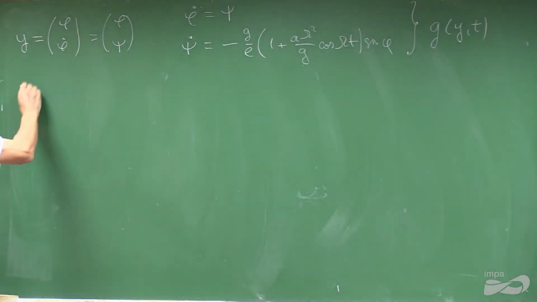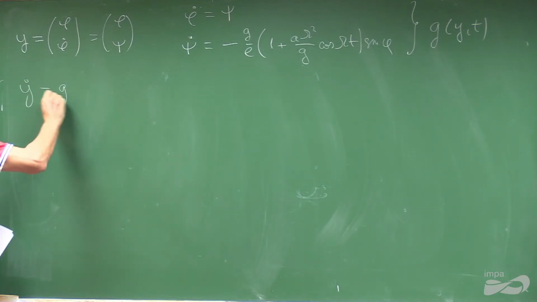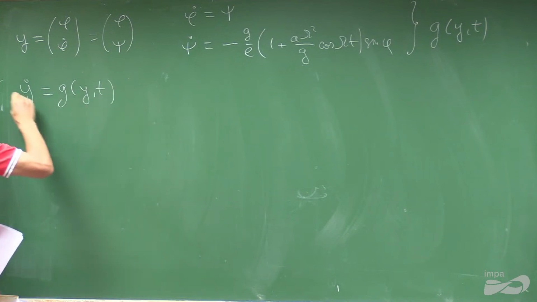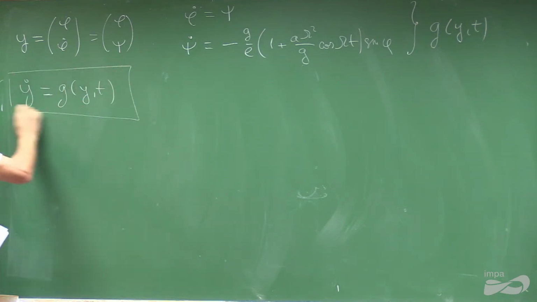So in other words, we have the system which has this form. It's an ordinary differential equation, but now the right-hand side depends on time. And there are two properties that we will keep.